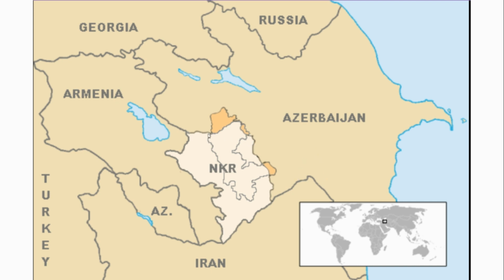And after the war, till 2020, almost 30 years, it was controlled by Armenia. And there was another war, the Second Karabakh War. It started in 2020. This war lasted 44 days.